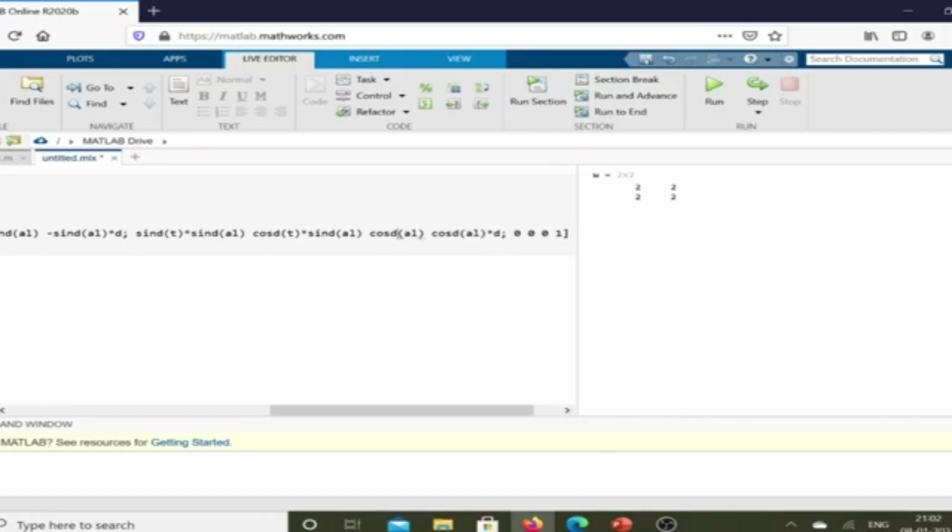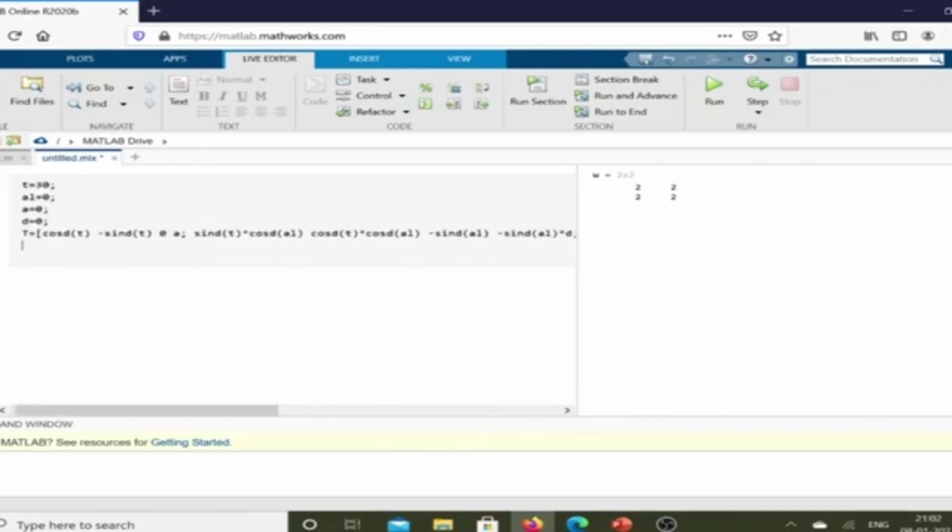It's a cos D, cos alpha, and then cos D into AL into D. The other thing we need to note is that the multiplication sign is all there. Okay, so now I can say that I have entered the generalized matrix.